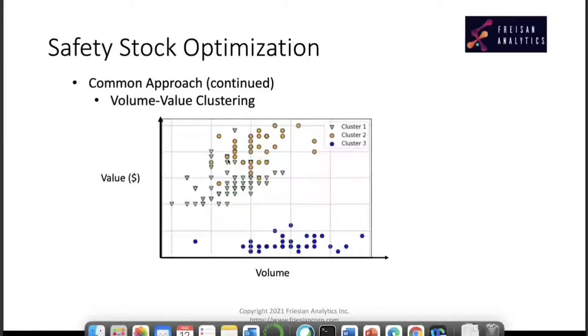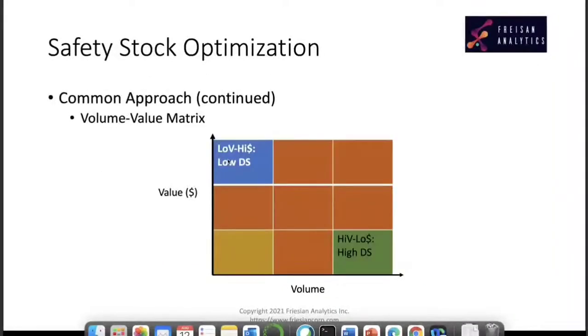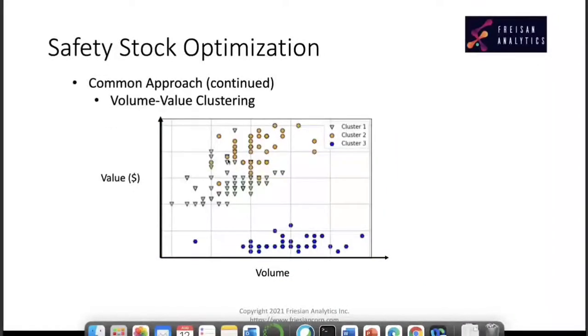A better approach than the matrix is to use a clustering approach, like k-means clustering, because those items naturally form groups in this value and volume plane, right?